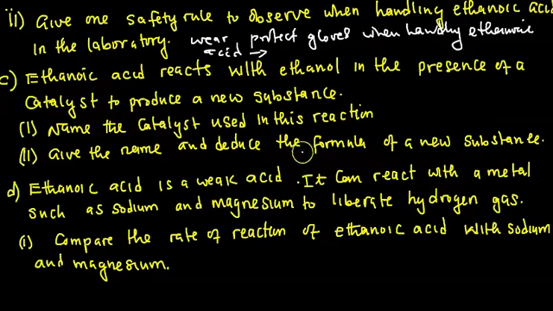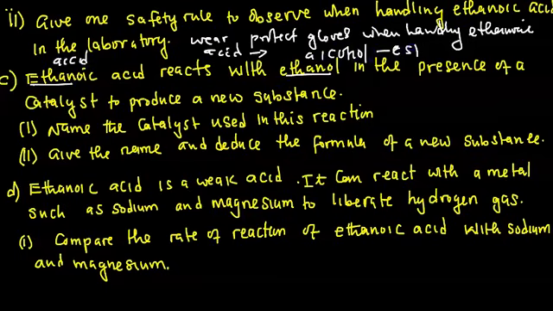Ethanoic acid reacts with ethanol in the presence of a catalyst to produce a new substance. Look at this. This time an acid is reacting with alcohol. So what is going to form here is an ester. Esterification is a process by which an acid reacts with an alcohol to form an ester.